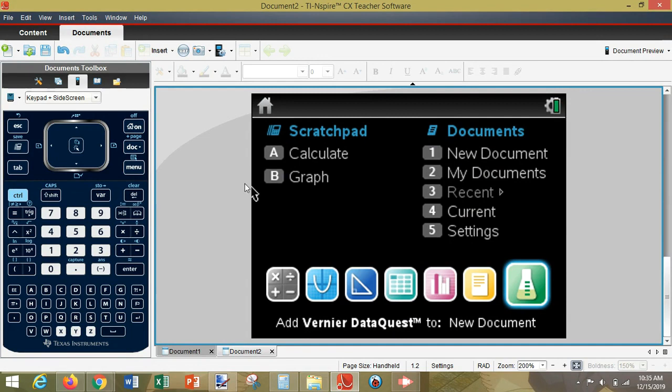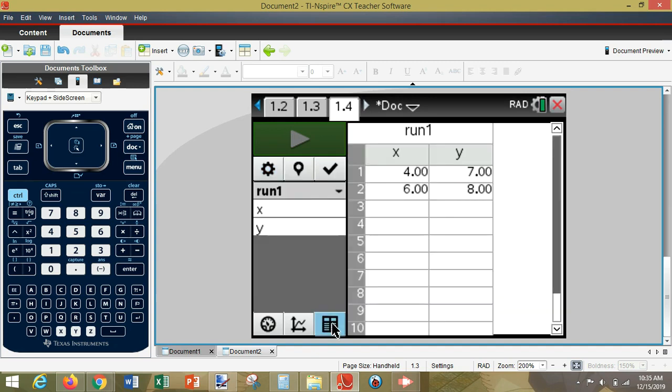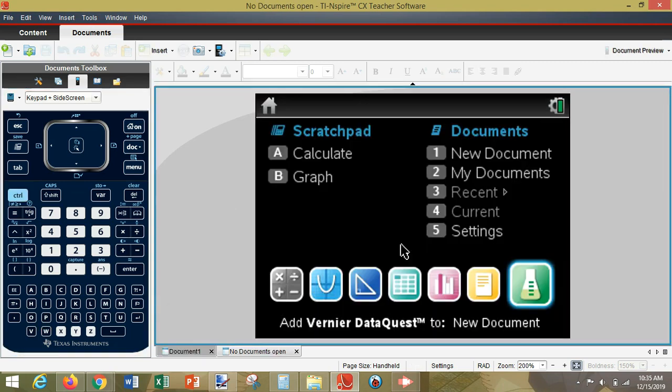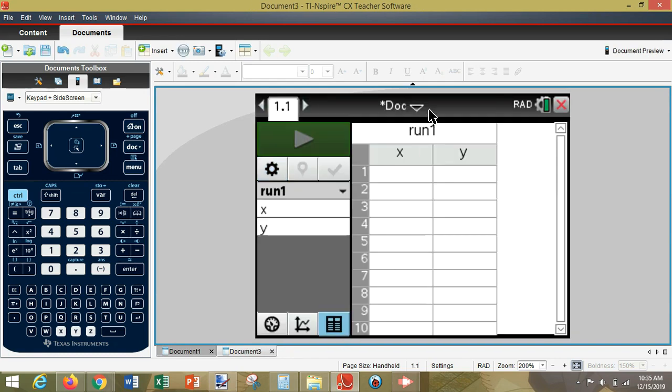So on number 10, you'll go to your calculator, click on the green beaker. Then we click on this table. Notice there's already numbers in here, so we want to clear those out. Press Control, W, no. And then click the green beaker again. Click the table, type in the X numbers into the X column.